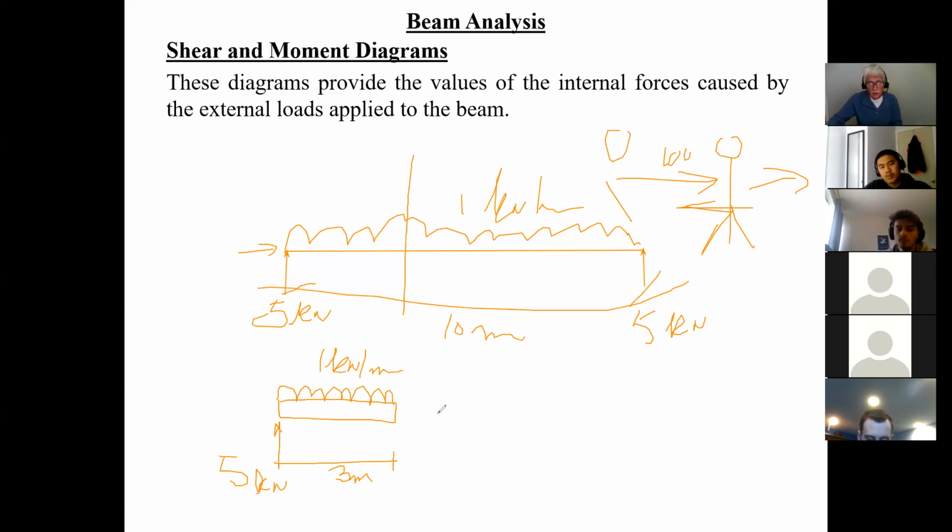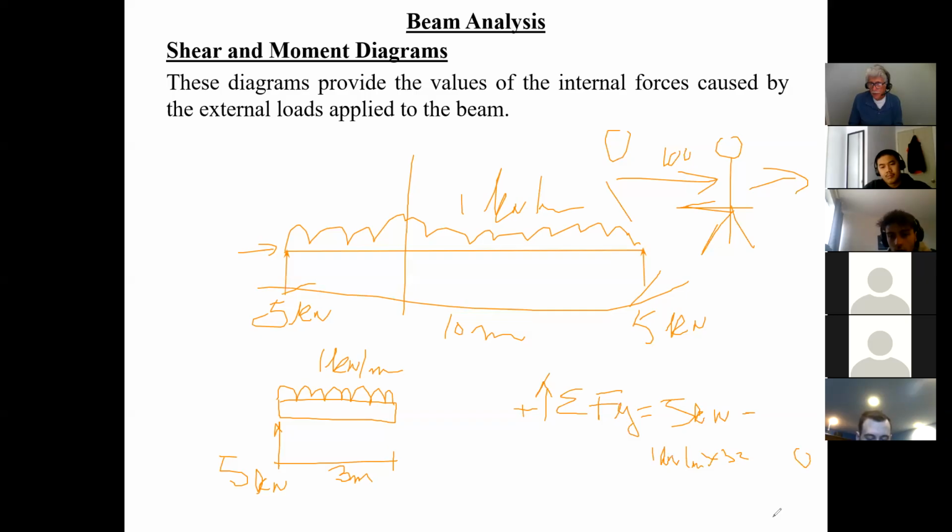Now I look at this. I do the sum of F_y, and I take upwards as the positive sign convention. I have 5 kilonewtons upwards. This is net going down, so I put negative 1 kilonewton per meter times 3 meters. Does it equal 0? What's 5 minus 3? 2.